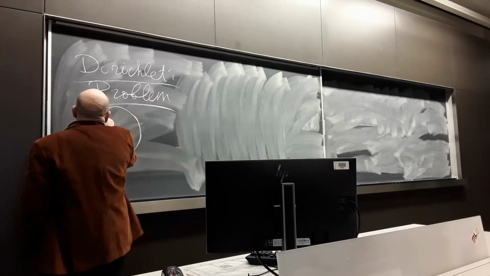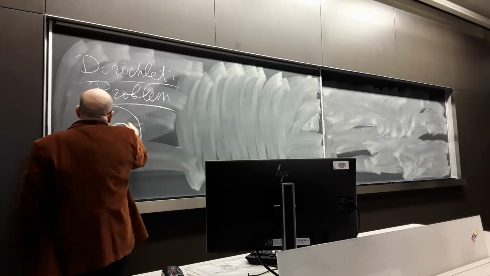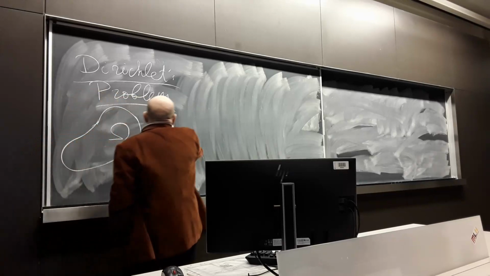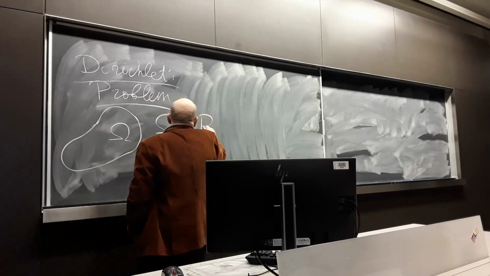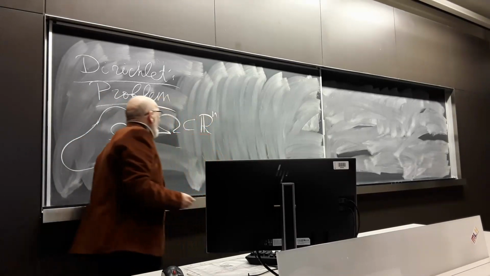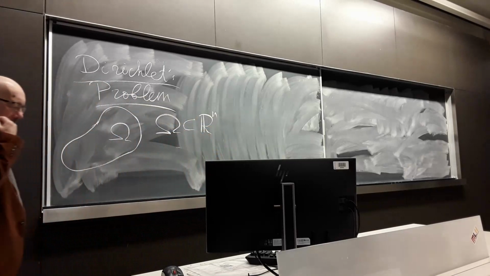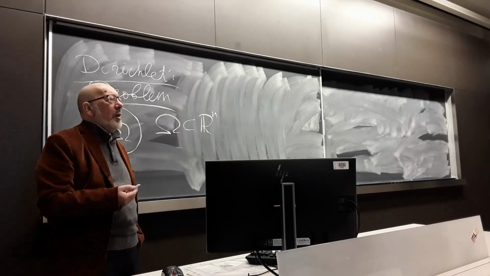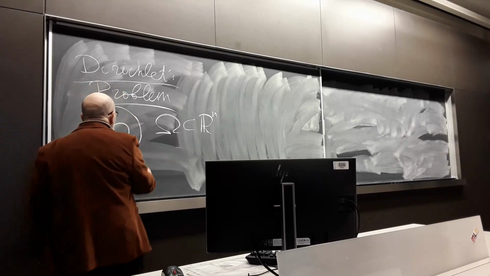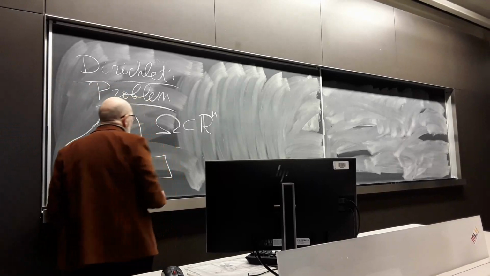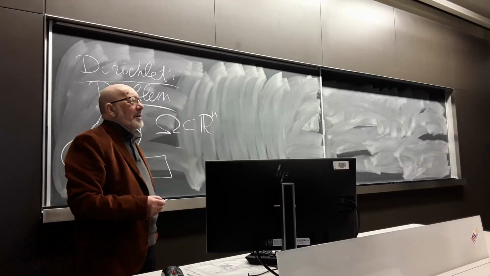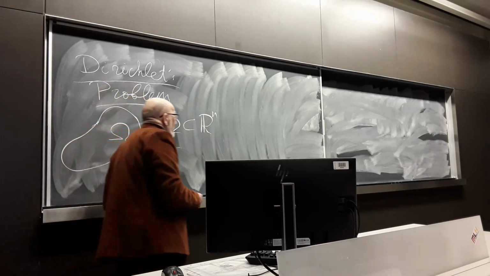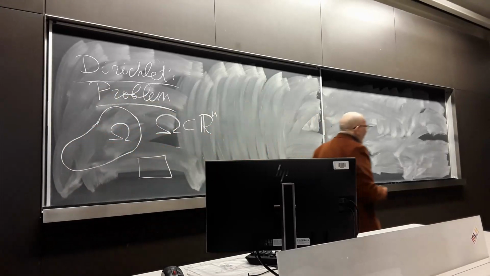Given a domain omega in Rn, it is a bounded domain with reasonable boundaries. Say the boundary is smooth or piecewise smooth, so it can be, say, a rectangle. But I don't consider pathological domains.